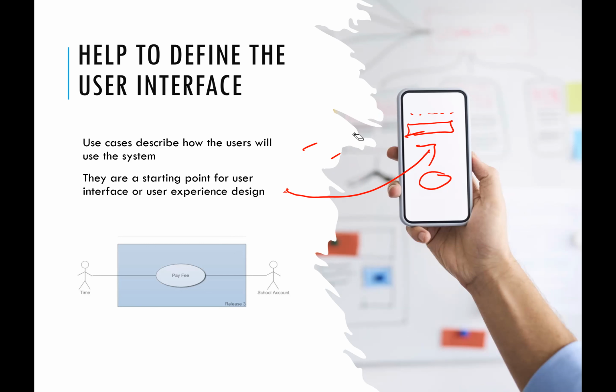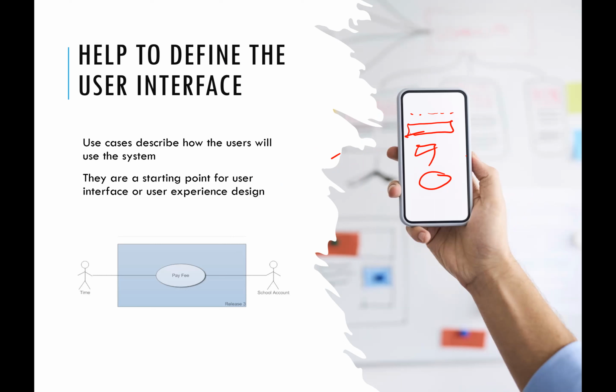So your use cases help you define user interfaces. Now, in standard organizations, you'd have designers designing these interfaces, right? Designing the look and feel, so how the system will communicate to human beings.